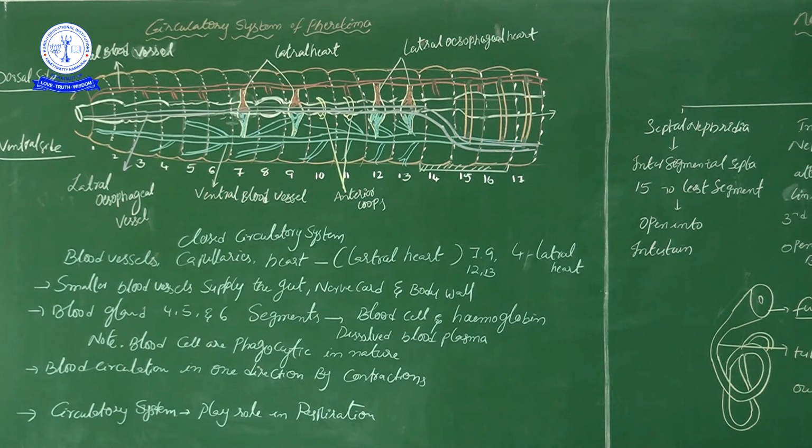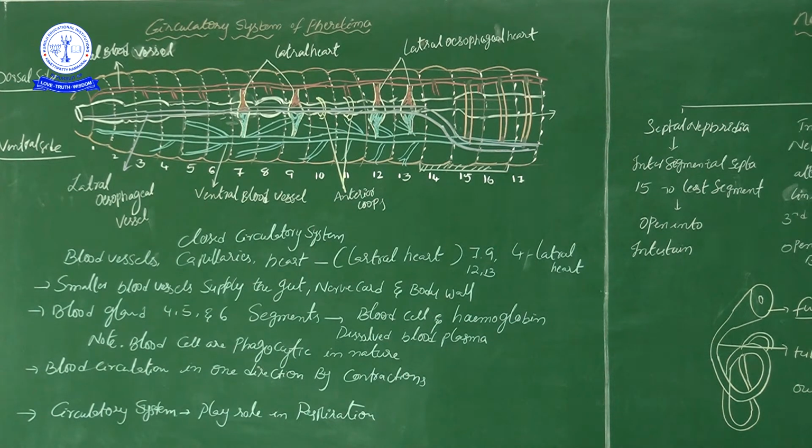You know very well that circulatory systems are of two types, one is open type, another is closed type. What is the significance? Open type means blood vessels are not there, and blood flows freely in the body cavity. But closed type means blood flows within the blood vessels, with arteries and veins connected together with the help of capillaries.